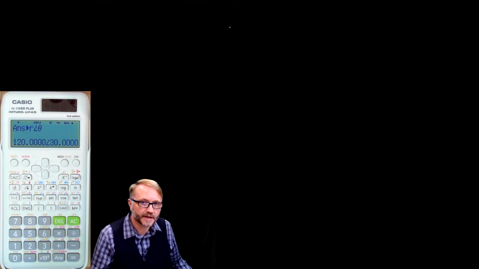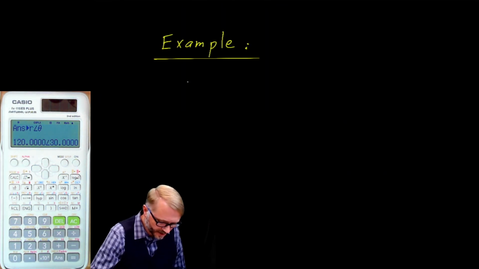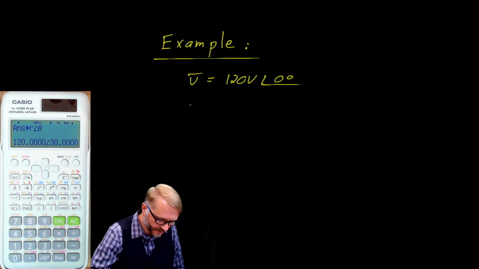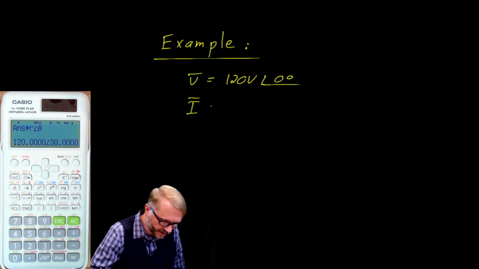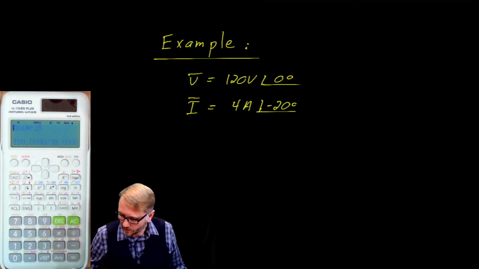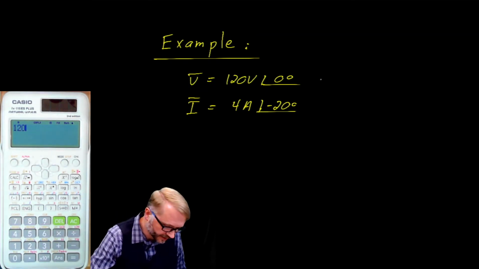Let's take a look at another example. Suppose you're given a voltage of 120 volts at a phase angle of 0 degrees, and you're given a current of 4 amps at a phase angle of negative 20 degrees. If we run this through our calculator, we have 120 volts. Well, we don't need to do that.